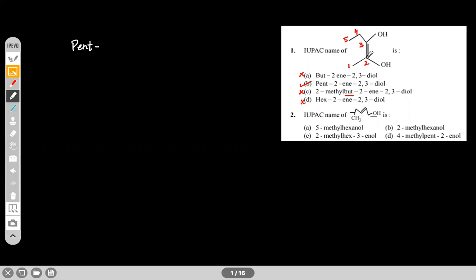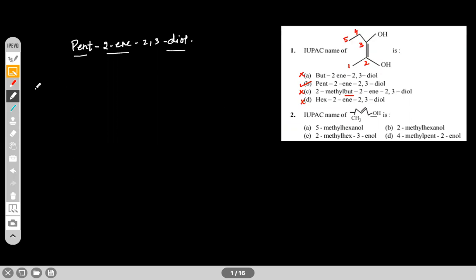The position of the double bond is at the second carbon, so pent-2-ene, then 2,3-diol. Remember the point to keep in mind here: since I have written diol, this terminal E must be retained. If it is only ol, then we have to drop the terminal E.